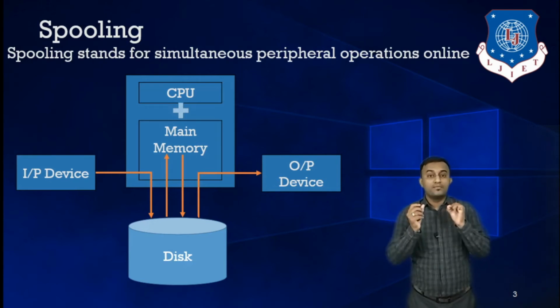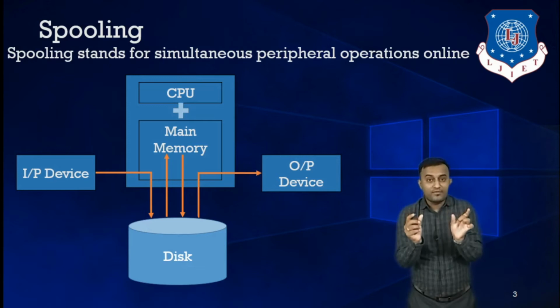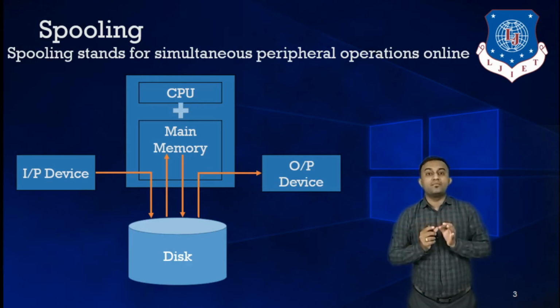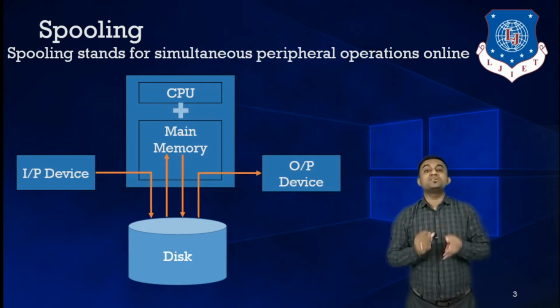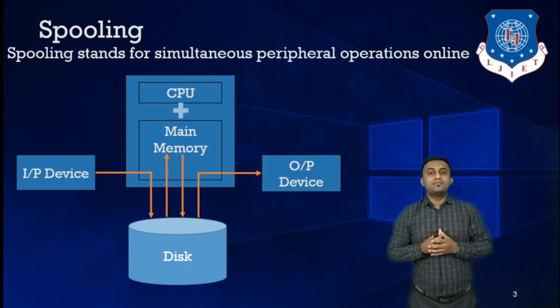These input output devices are not compatible in speed with the CPU, main memory and secondary memory, which are digital devices. The IO devices are very slow and the digital devices are very fast in execution.